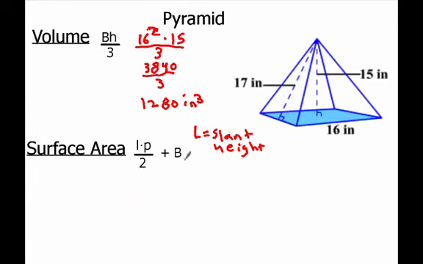So to find the surface area, we're going to find the area of each of the triangular faces. To do that, we'd simply take the slant height, which in this case is 17, times the perimeter, which is the distance around the outside of the base. Since each base edge is 16, that's 16 times 4, all divided by 2.